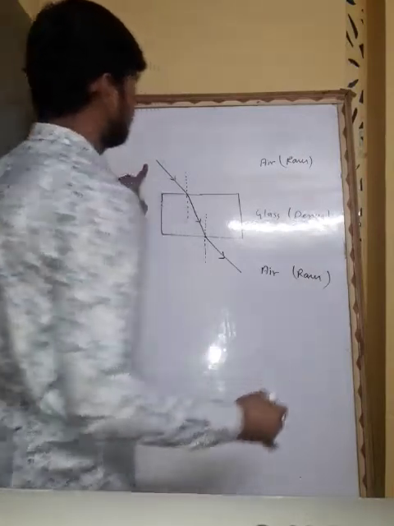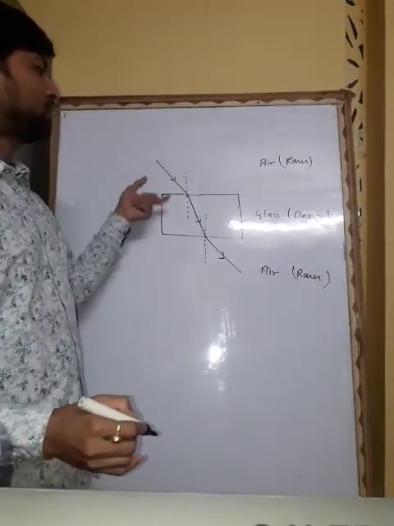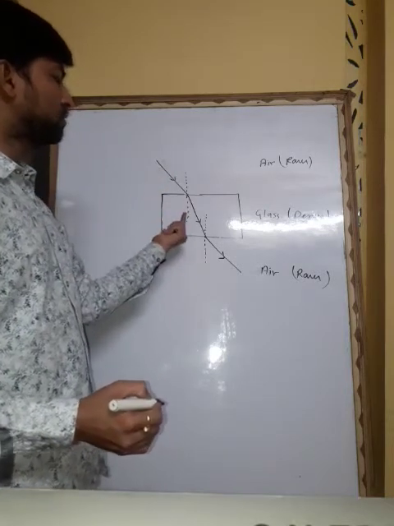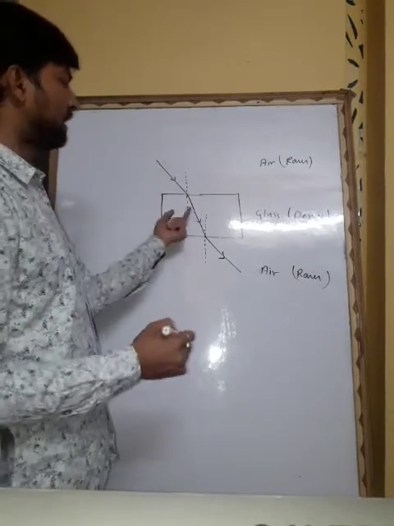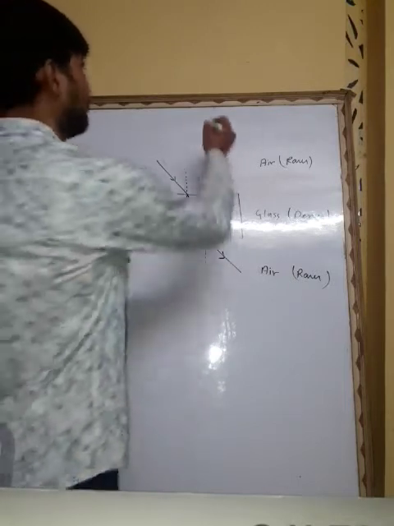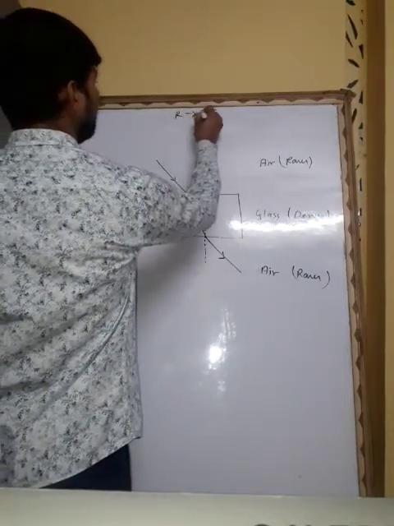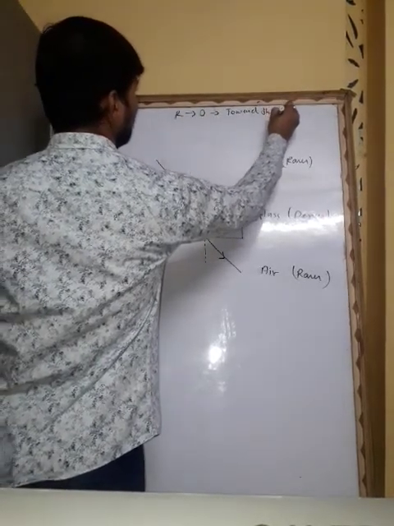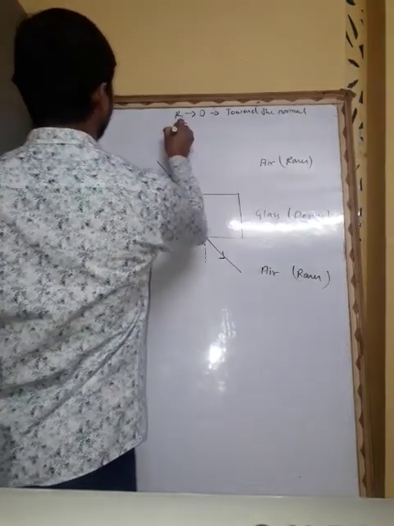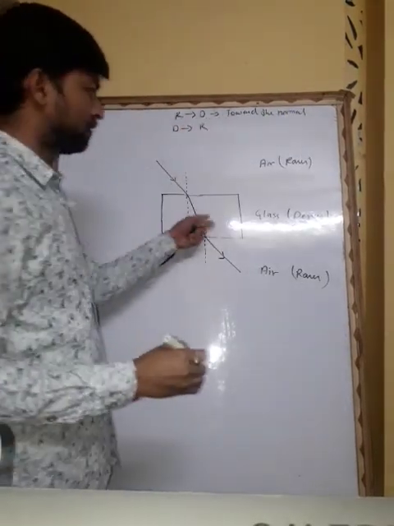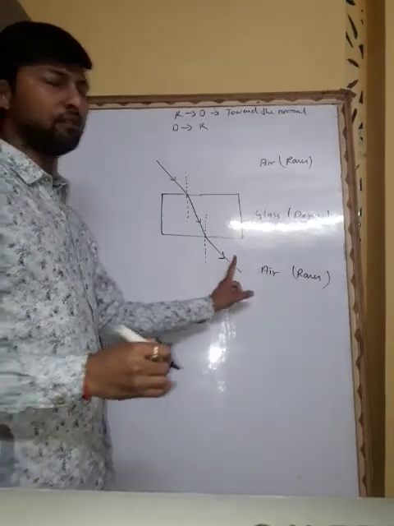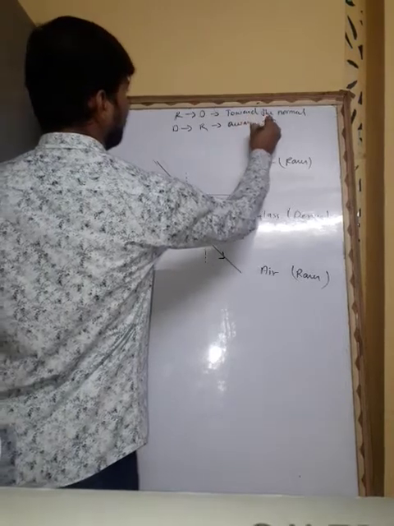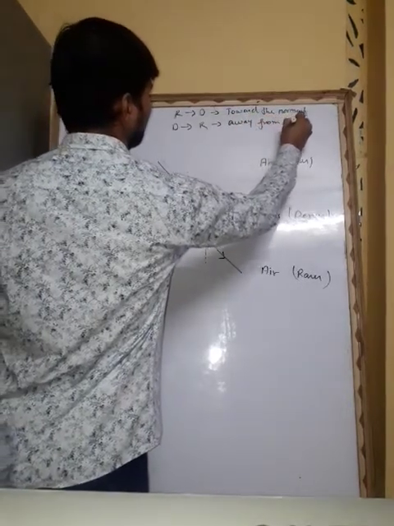Now let us discuss when light travels from rarer to denser. When light travels from rarer to denser, it moves towards the normal. This is your normal, and the light bends towards the normal. From denser to rarer, light moves away from the normal.